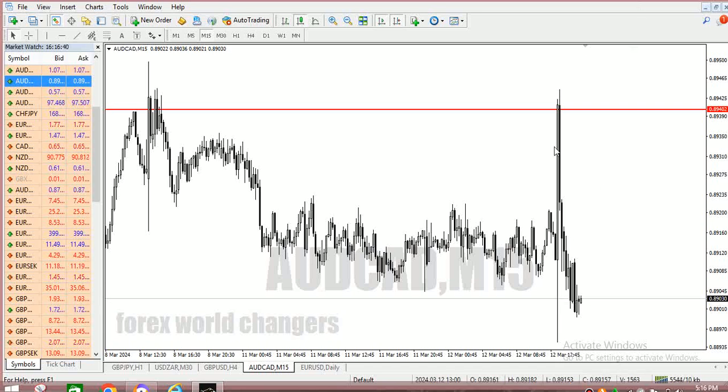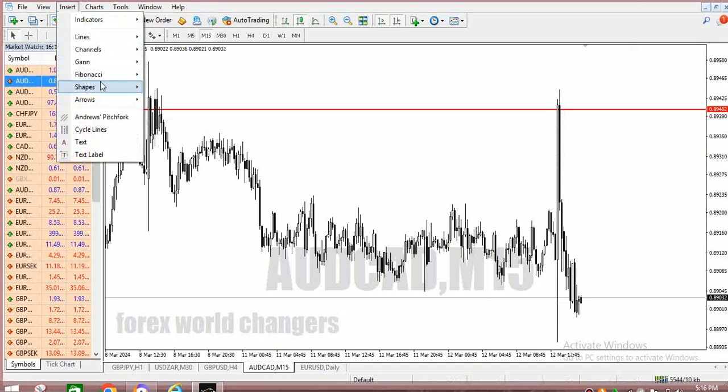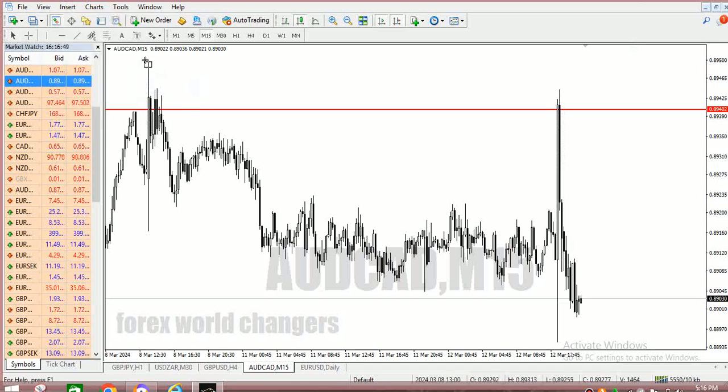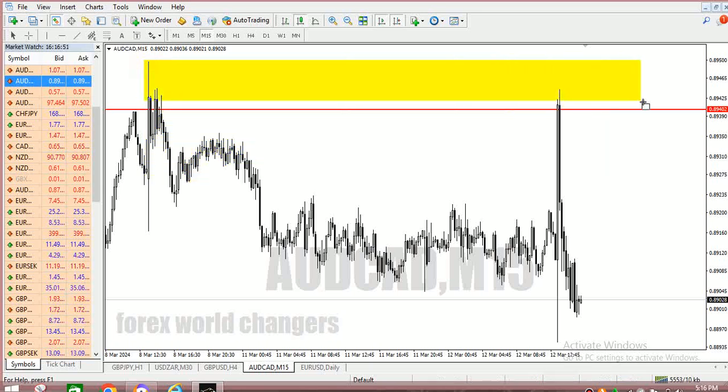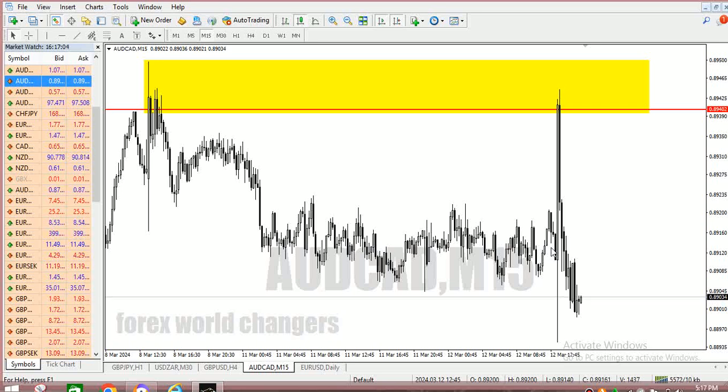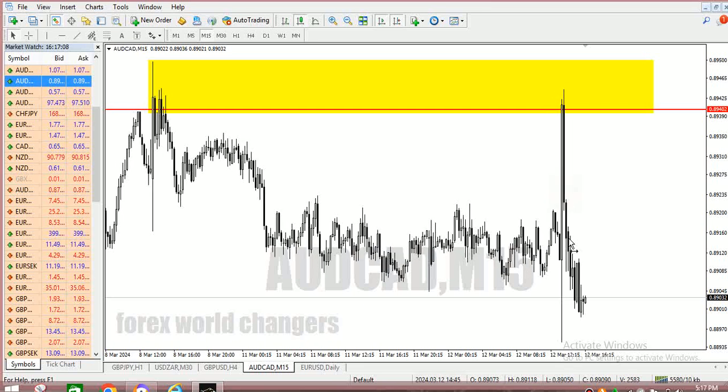It went up for the Quasimodo, the Quasimodo had left here, and then it decided to drop like crazy. This was a very crazy Quasimodo setup. There's your shoulder here, and there's your head. The price made a paparazzi here, with some events, and then decided to drop. That is crazy, guys.